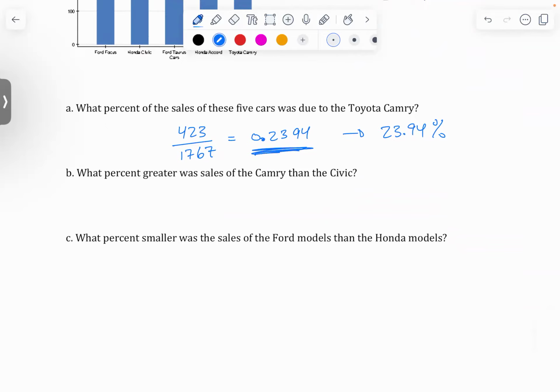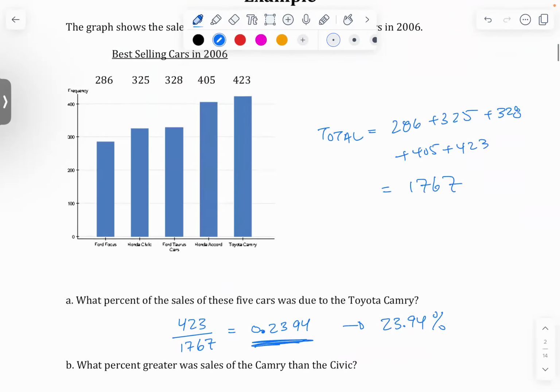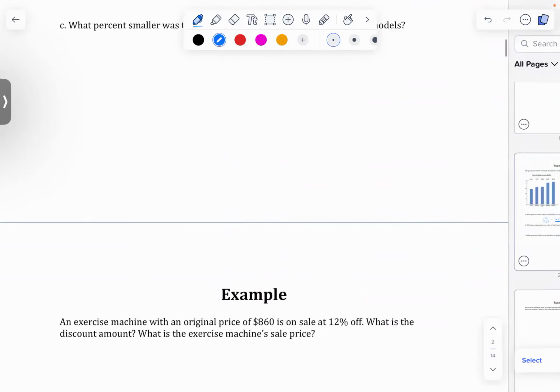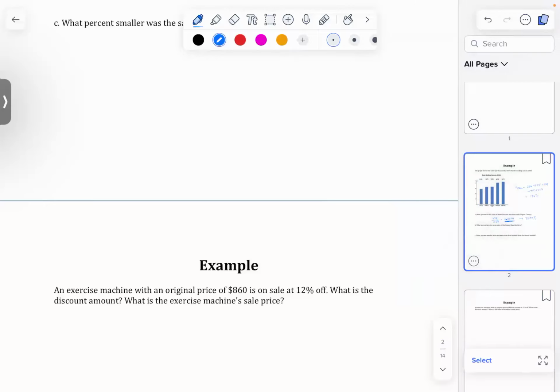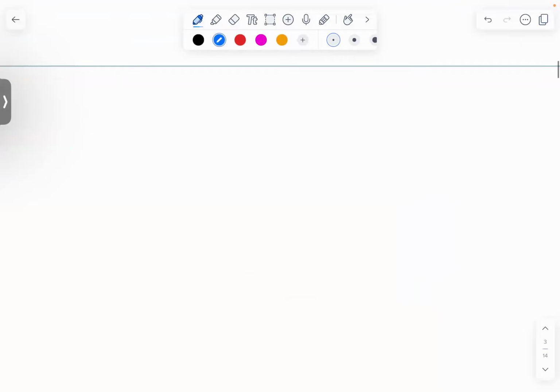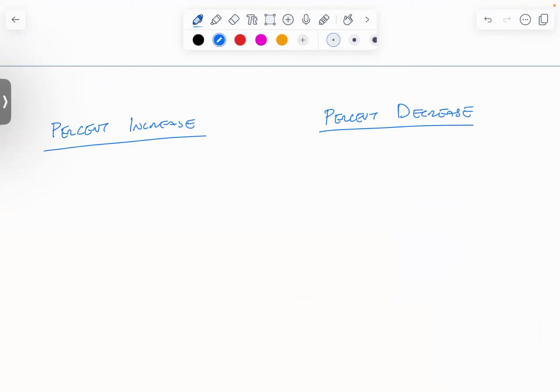What percent greater was the sales of Camry than the Civic? So, a couple of notes here. Percent increase and percent decrease. These are the two cases where you can go above 100%.